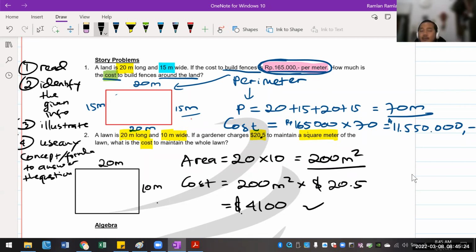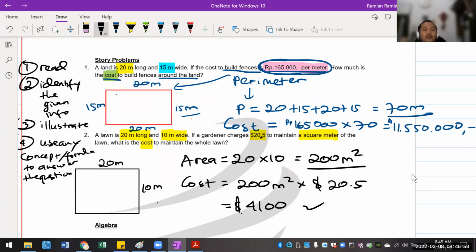Personally, these are the 4 basic steps if you want to answer any given word problem. First, read carefully all the information. Second, identify the given information, for example, the ones I highlighted for number 1: 20 meters long, 15 meters wide, the cost to build 165,000 per meter, and so on.